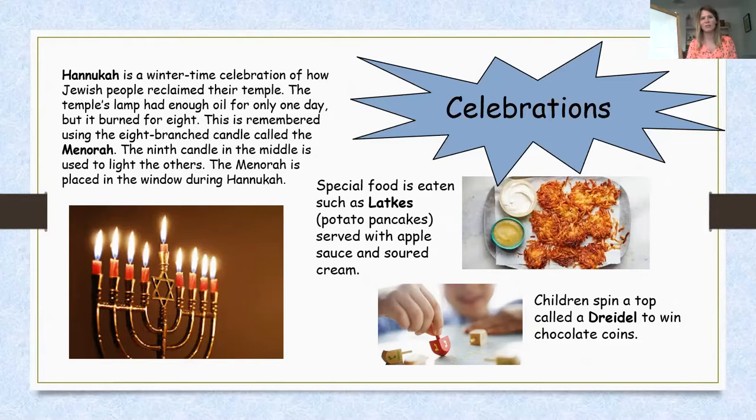Now, on the dreidel, there are letters in Hebrew around the edge, and depending on what letter you land on will depend on how many coins you get. And children will win chocolate coins when they play with the dreidel. I would like to play that game and earn myself some chocolate coins. Would you? Me too, definitely.